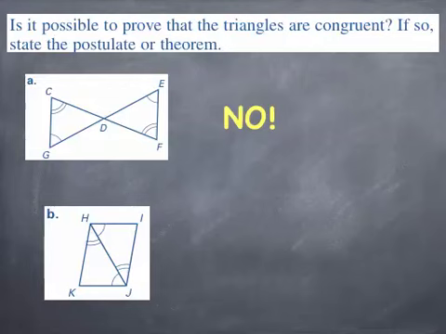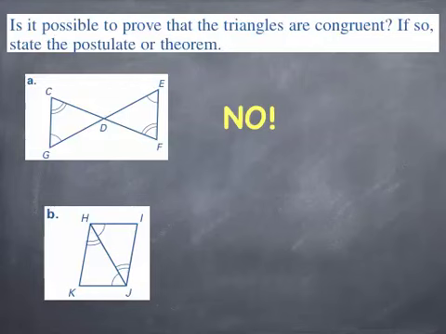For B, notice that we're given the two angles KHJ and HJI are congruent, and we're also given angle IHJ and angle HJK are congruent. If you notice, the two triangles that are shown are sharing the side HJ, the diagonal line going through what looks like a parallelogram. Because they are sharing the side HJ, the reflexive property says that HJ is congruent to HJ.